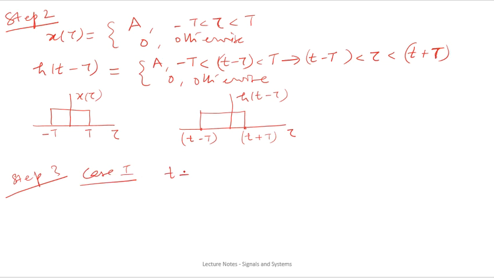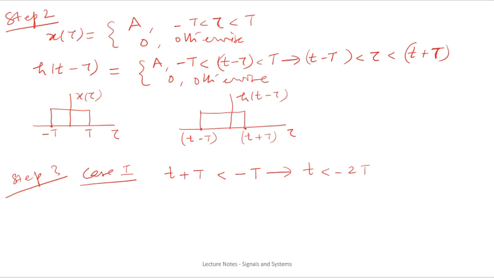For the first case, if t plus T is less than minus T, that means there is no overlapping between them, or it can be simplified as t less than minus 2T.